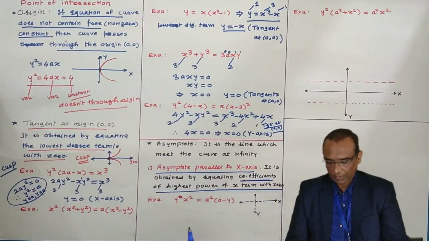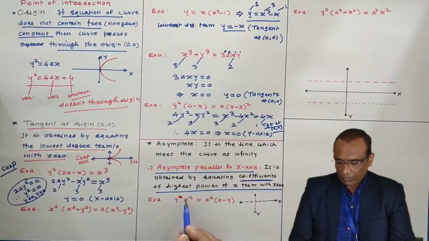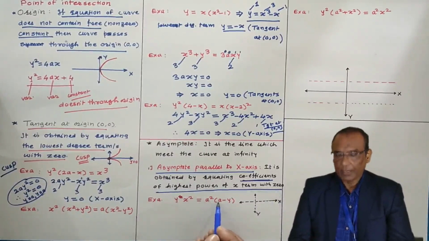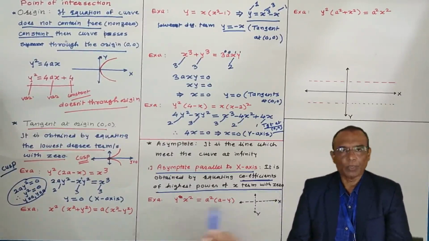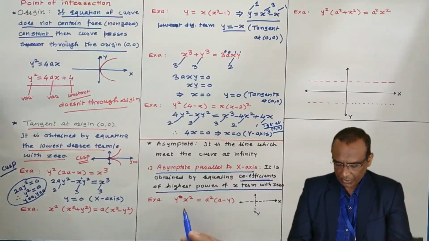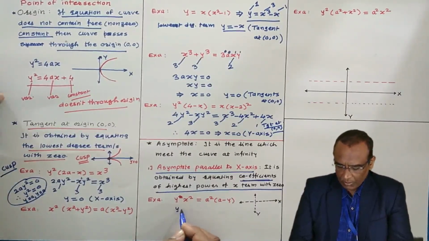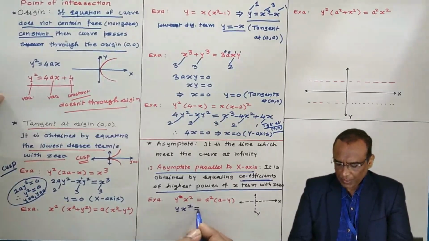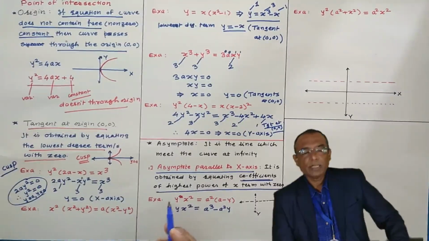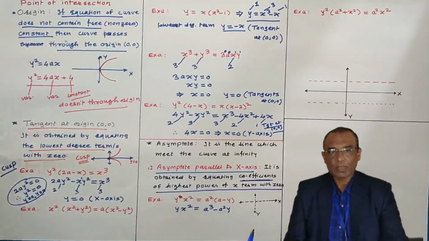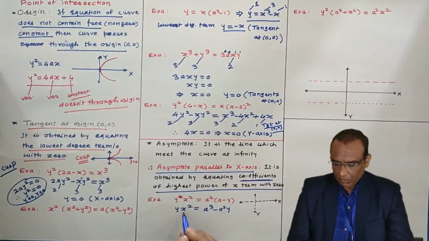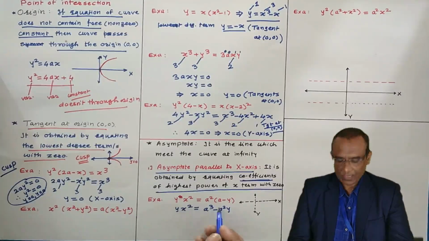For example, yx square equals a square times (a minus y). This is the equation of the curve. You will be given any curve in the examination. This I am going to simplify, meaning opening the brackets only. Highest degree term in x: which one is the highest degree term? There is only a single term in x.